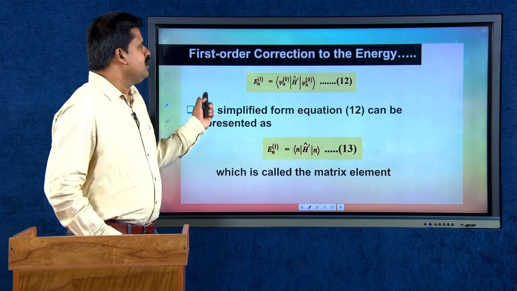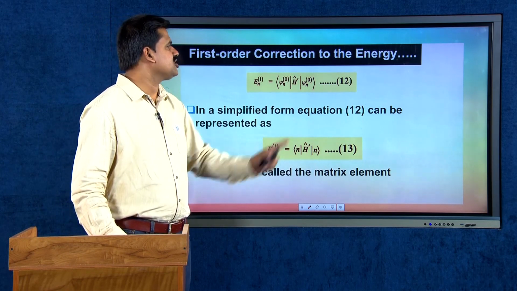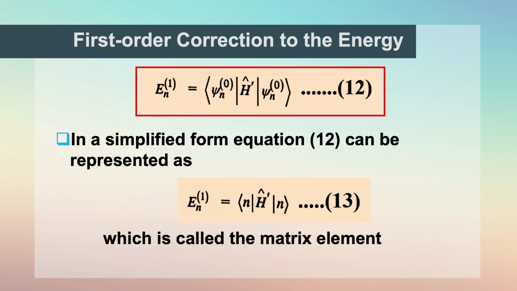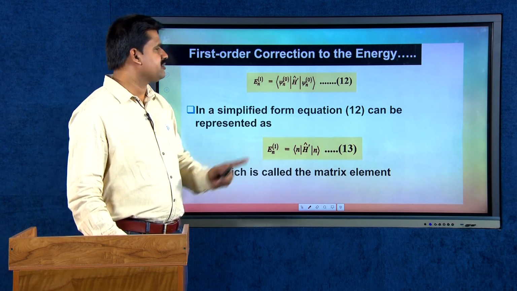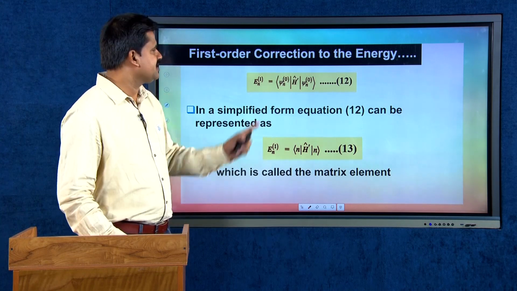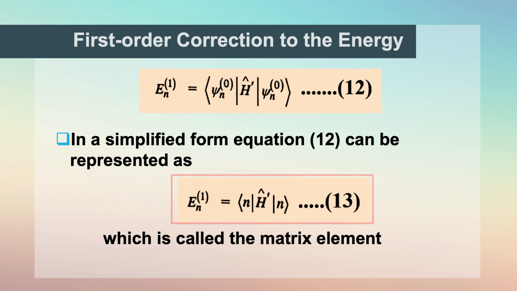Now, moving on to further details of the first order correction. The first order correction to energy is given by what we learned previously: integral psi n0 star h hat dash psi n0 d tau. Here h hat dash is the perturbation. This is the simplified form of equation 12, and it can be further simplified. The bracket notation can be further simplified. Instead of psi n0 I can put n, and instead of psi n0 star, I can put n.